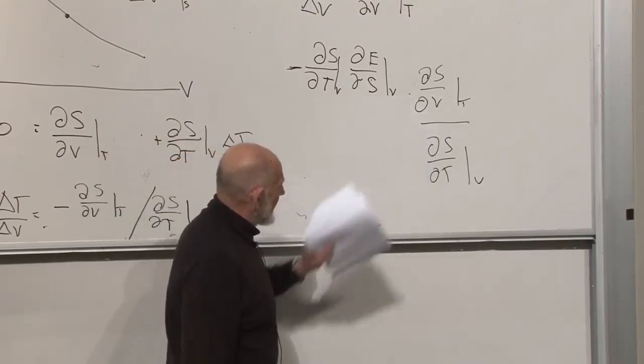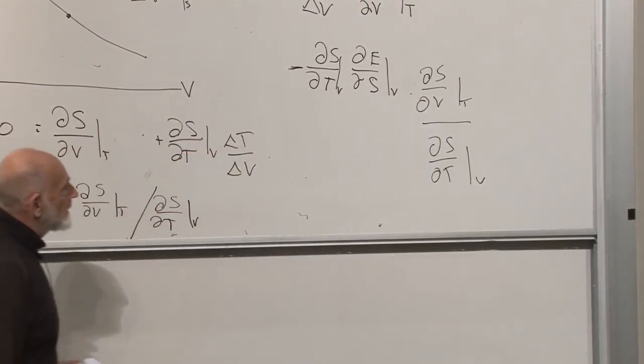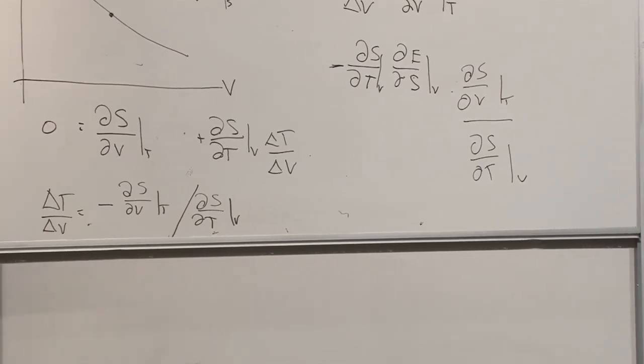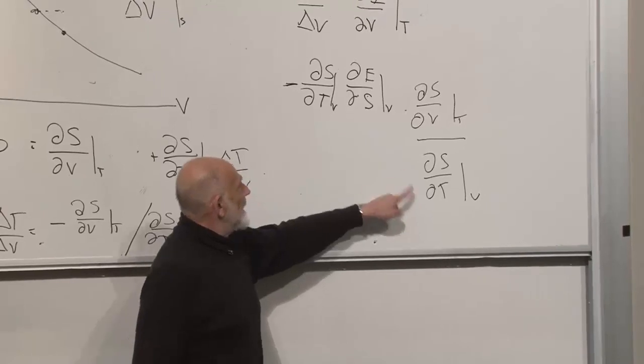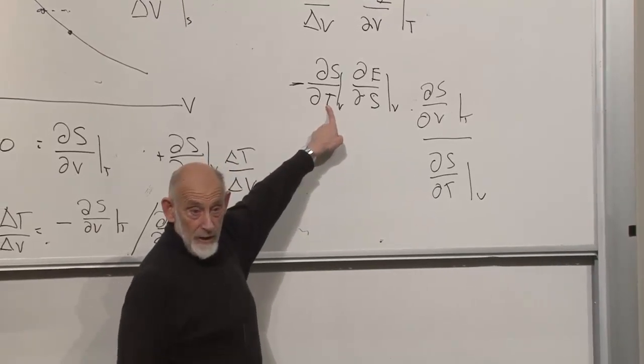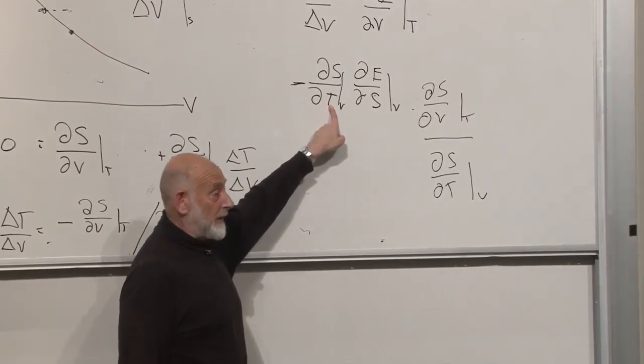This is in the denominator here, the dS by dT. But fortunately, by a great stroke of luck, the thing in the denominator happens to be the same thing as one of the terms in the numerator.